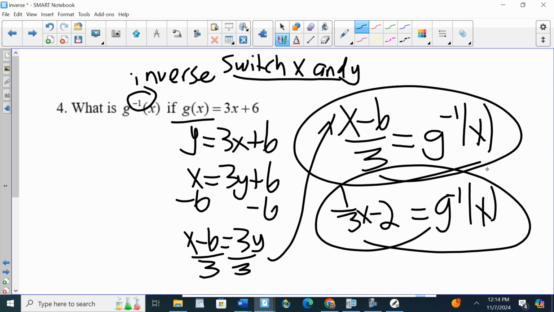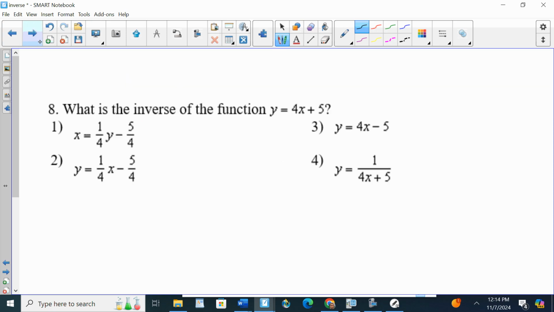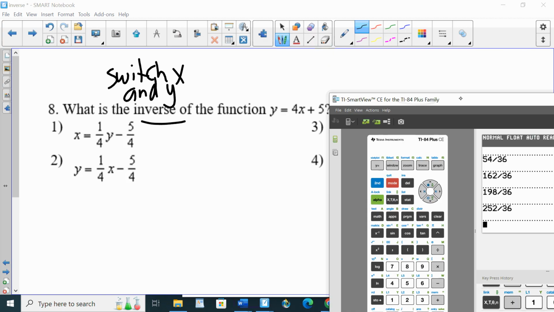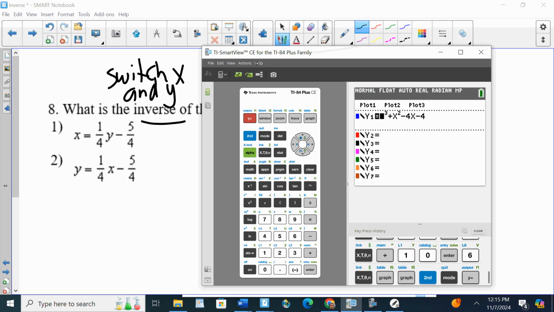Now, if it's multiple choice, you should not be doing any of this. If it's multiple choice, we know that inverse means switch x and y. So I see inverse, I know I'm going to switch x and y. But if it's multiple choice, use your table in your calculator. Go to y equals. Type in 4x plus 5.